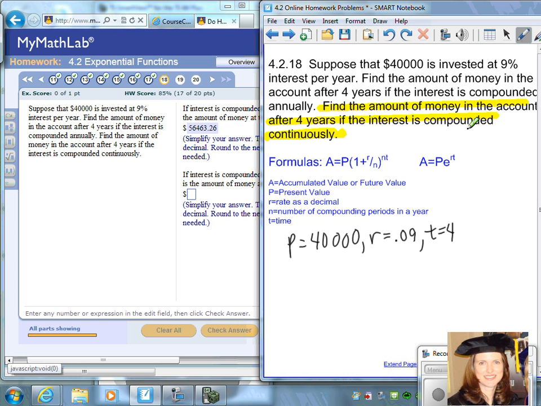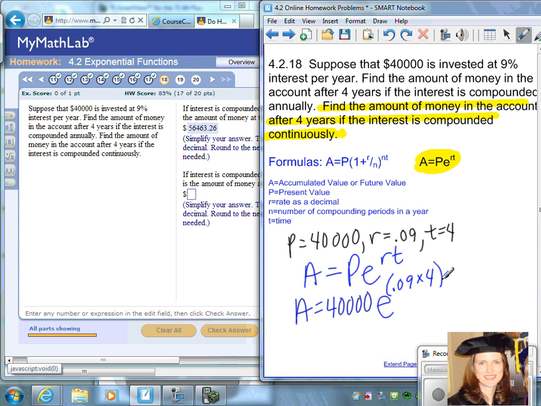When you use compounded continuously, you're going to use A equals P e to the rt power. And from the first part of this problem, it's 40,000 times e to the 0.09 times 4. I like to put parentheses around that whole exponent. You want to do that when you're using a calculator.